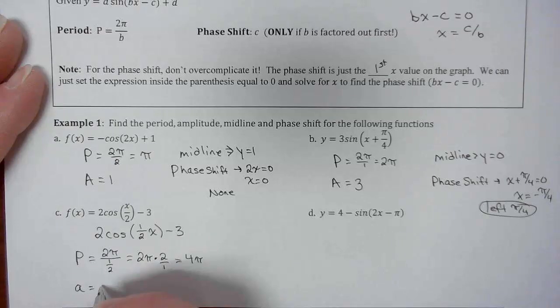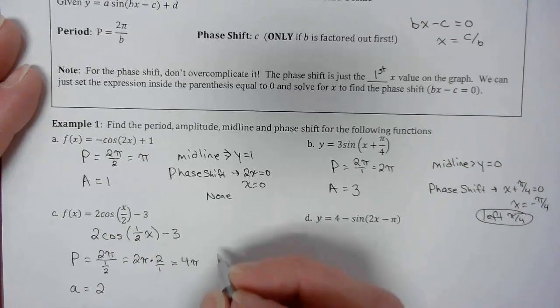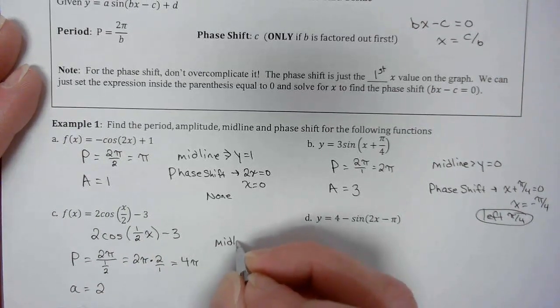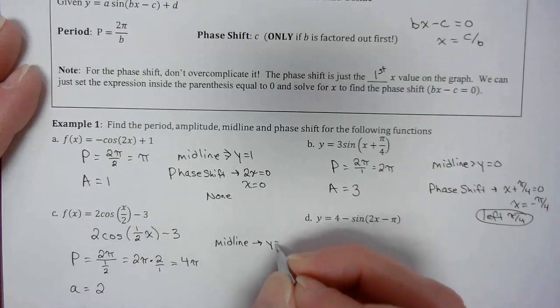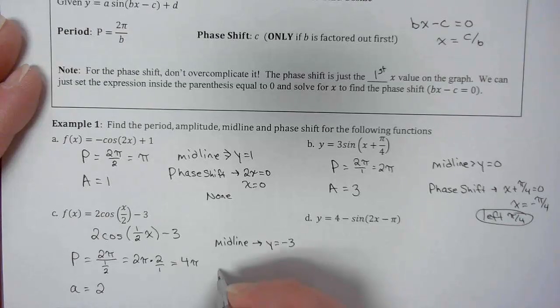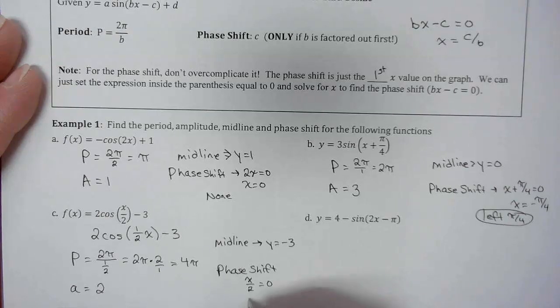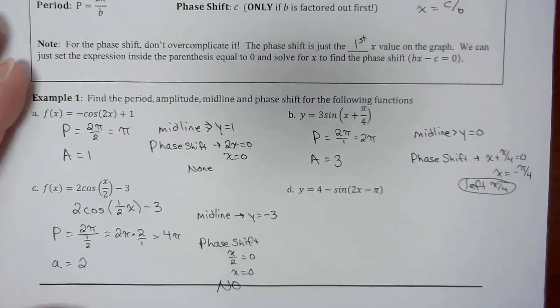The amplitude is the number in front, so 2. The midline is wherever we move up or down, so it's down 3, so it's at y equals -3. Our phase shift is whatever happens moving left or right. So x over 2 equals 0, x equals 0, so there is no phase shift. It's still starting at 0.